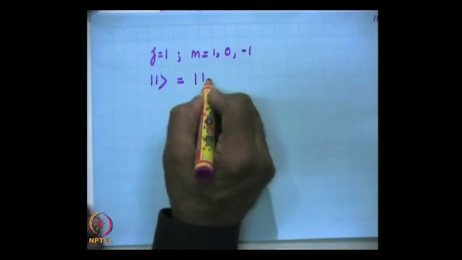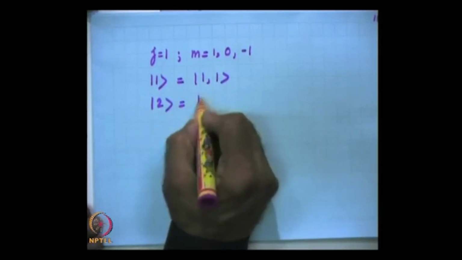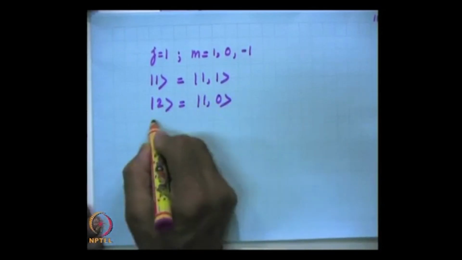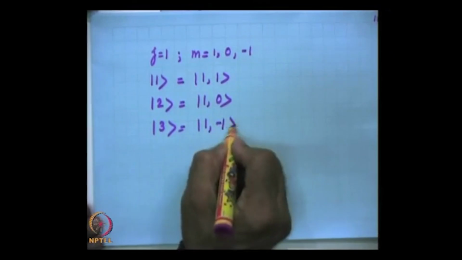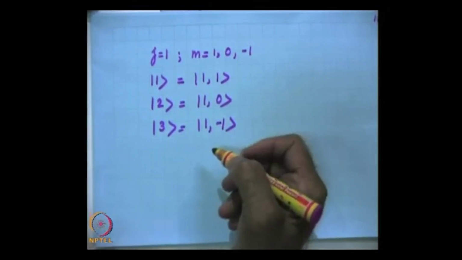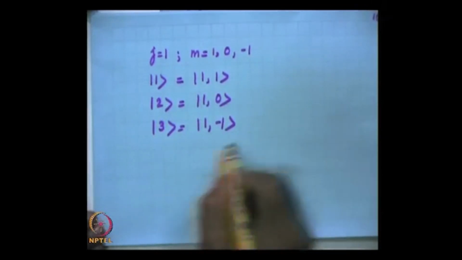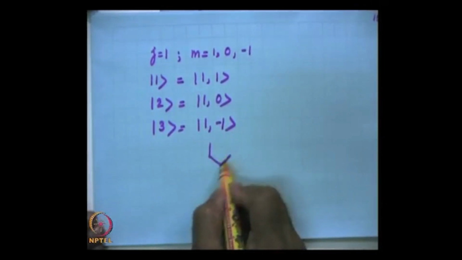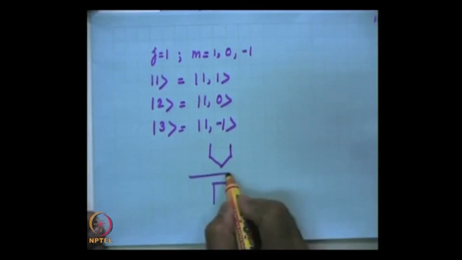Ket 1 is |1,1>, ket 2 is |1,0>, ket 3 is |1,-1>. And if you have a magnet which corresponds to angular momentum 1, and it is passed through a Stern-Gerlach apparatus, then it will split into 3 parts.